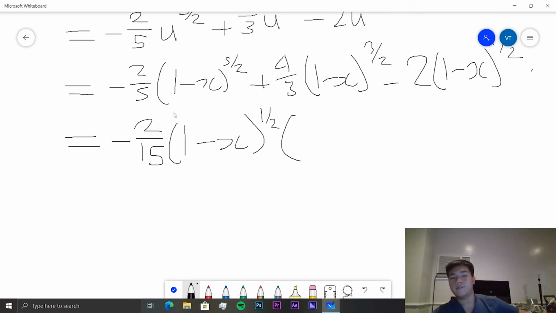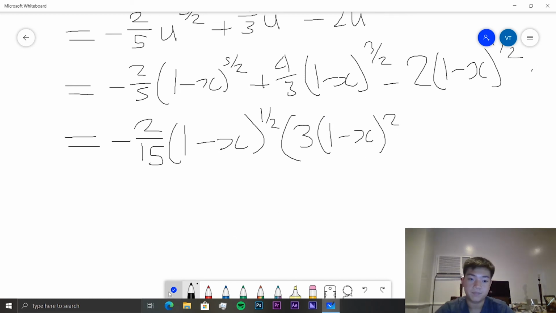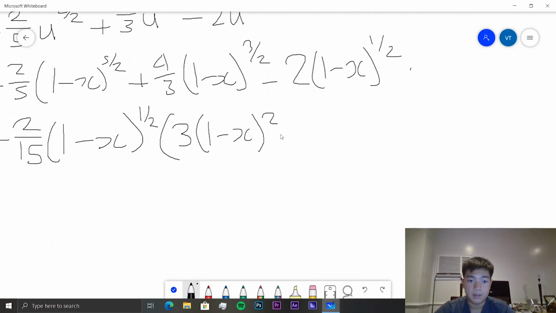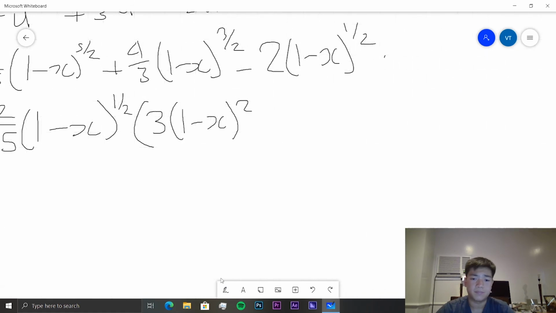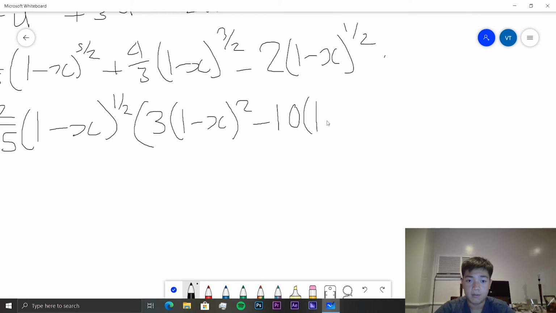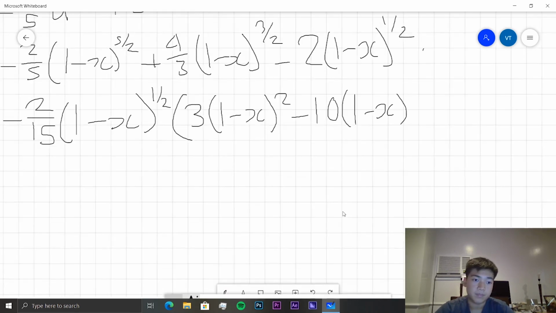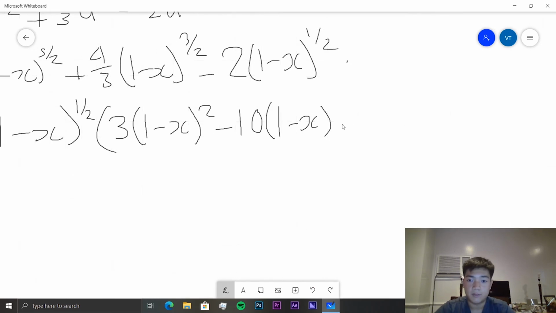If we use that method of factorization, this would be 3 times (1 minus x) squared, 4/3 to 2 over 15. Yikes. So that's times 5 times 2, minus 10 (1 minus x), plus 15.